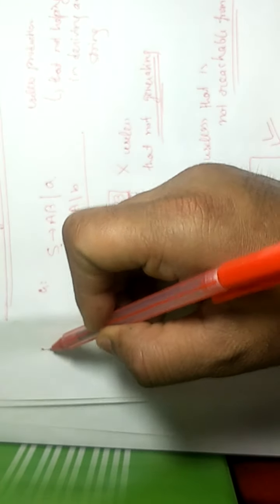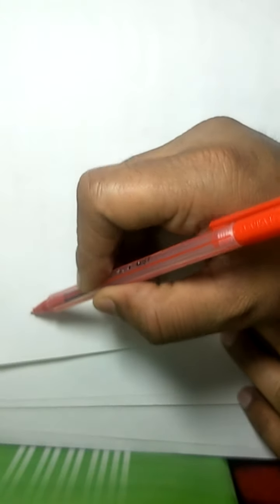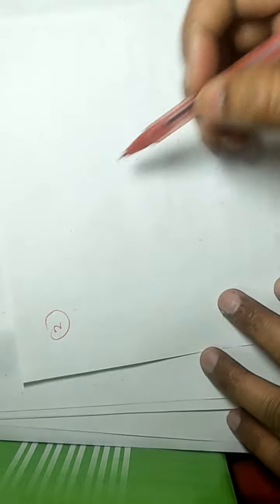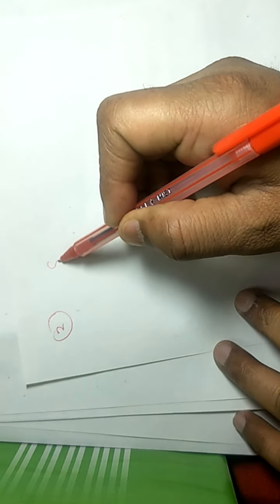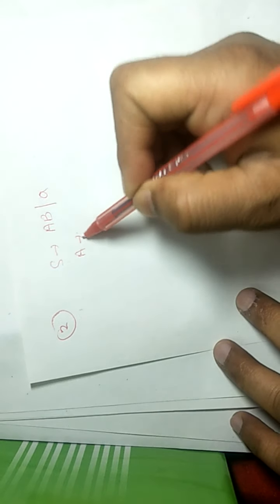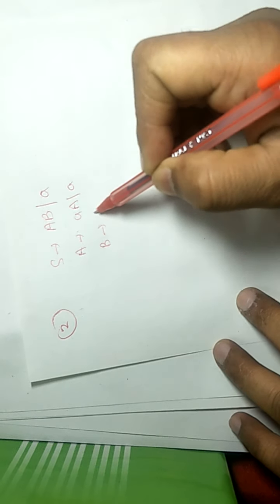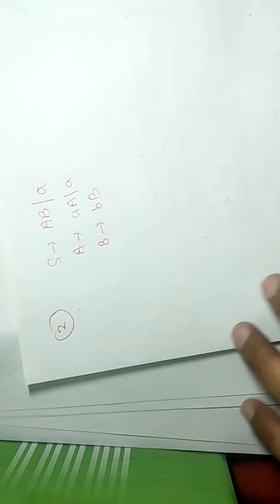Now look at another example. Example number 2. Suppose we have S tends to AB slash A, A tends to A slash A, and B tends to BB.